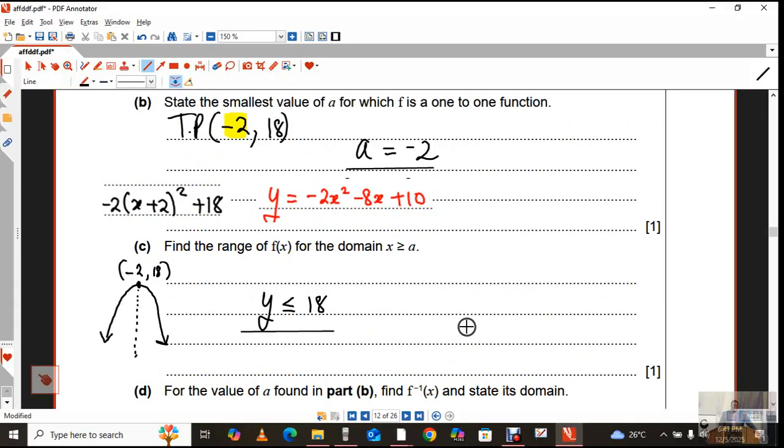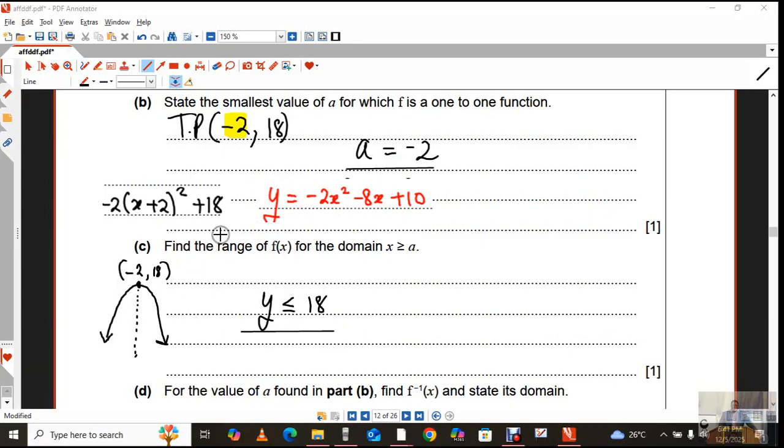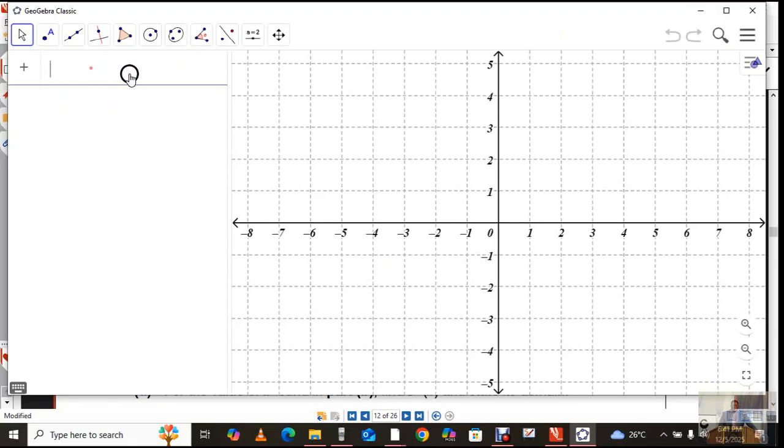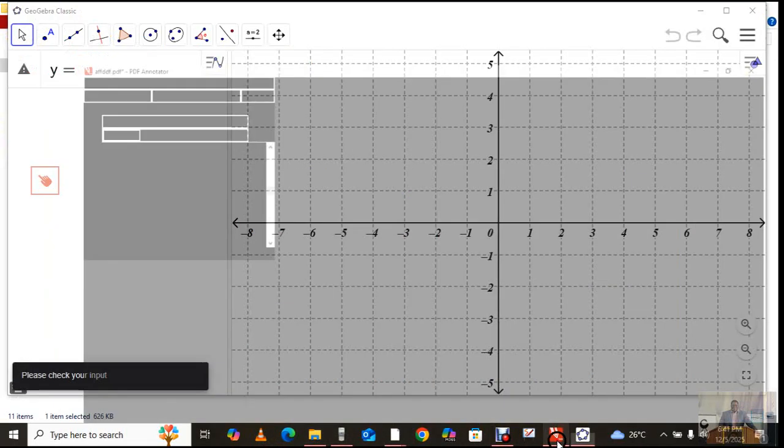And that is why in the lower grades you were given functions like this, and then you were told to graph them for you to have an understanding of how the functions would look. Clearly I'm just quickly going to sketch it for you, or draw it here on GeoGebra. So it's y equals to, what was that function again? If we go back, minus 2x squared minus 8x plus 10.